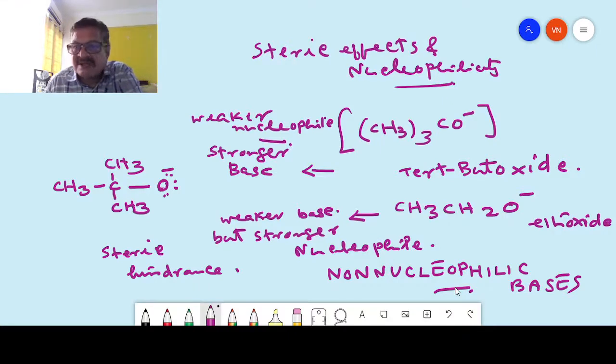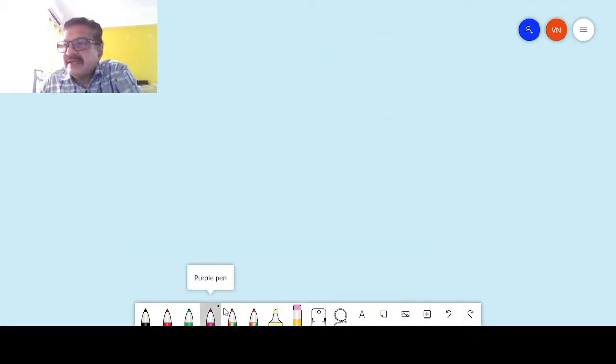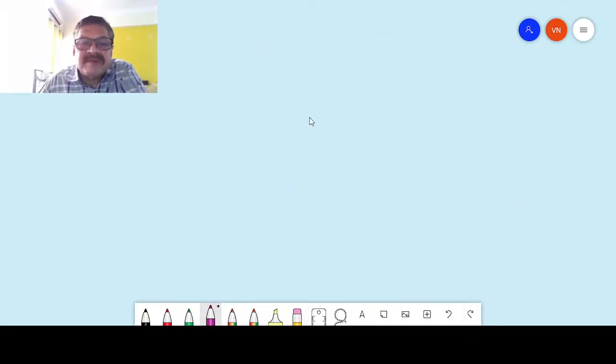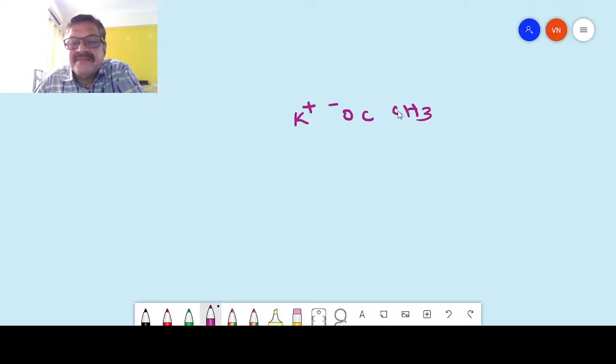An example, if you are asked to give a non-nucleophilic base, here it is, say, potassium tertiary butoxide, we can say. That is a non-nucleophilic base here. So, potassium tertiary butoxide: potassium, then we have this O minus, C, CH3 thrice.